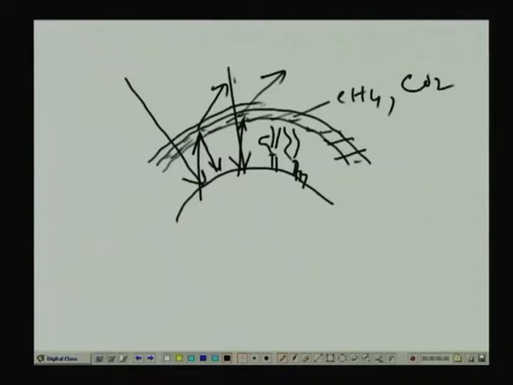So we can observe a thicker layer of CH4 and CO2 now, as a result of which the thermal radiation that is being reflected back is now much more.